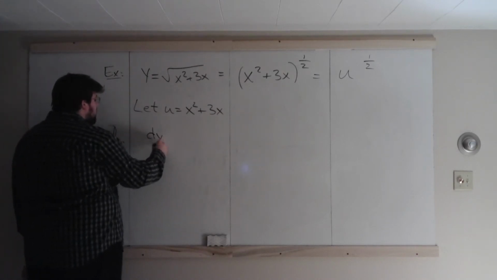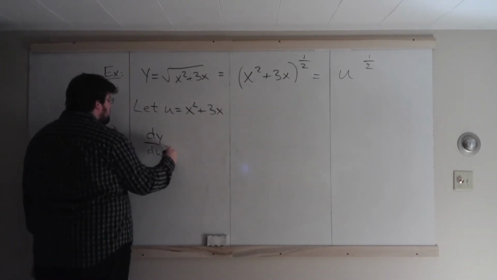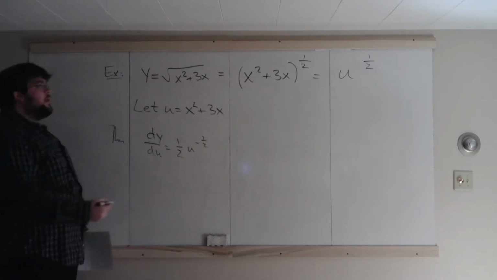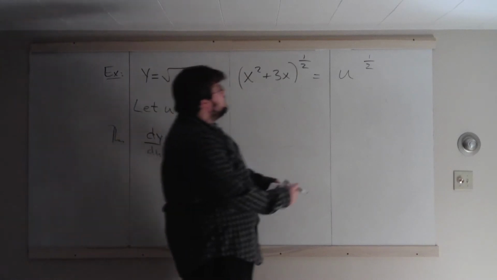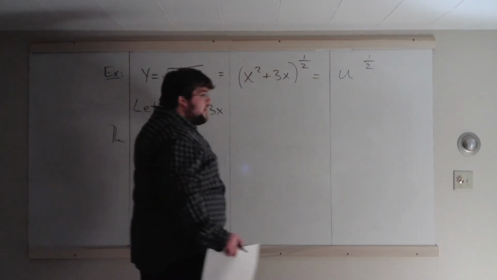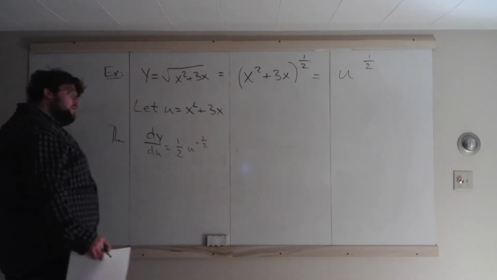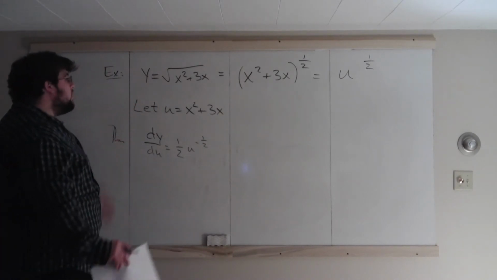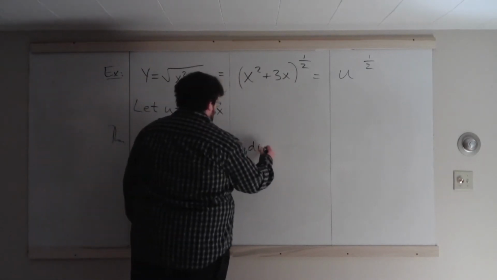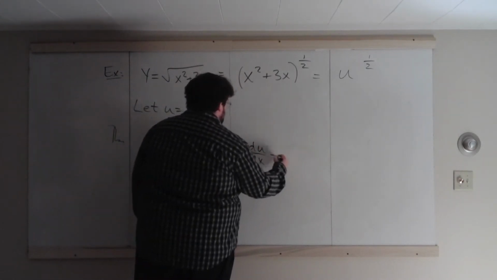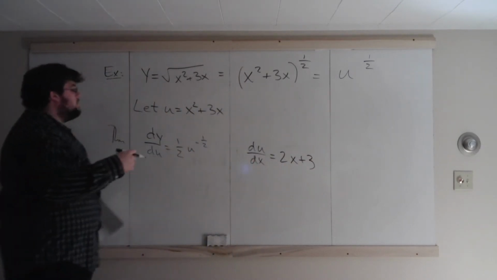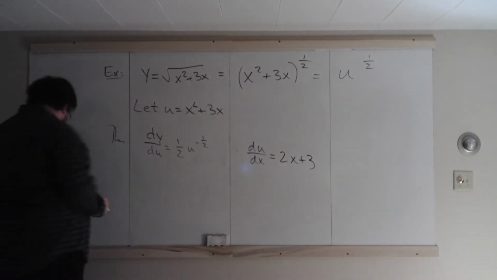So then dy du is a half u to the negative half. From the power rule, bring down the half, u to the half minus 1. A half minus 1 is negative a half. If you have 50 cents and spend $1, you are down 50 cents. And du dx is 2x plus 3.